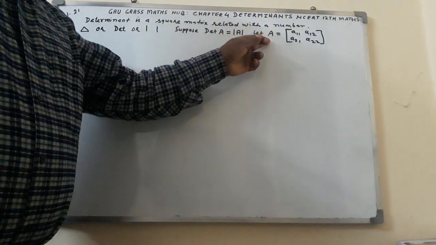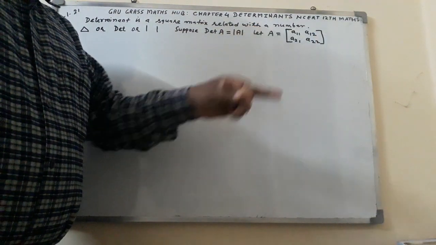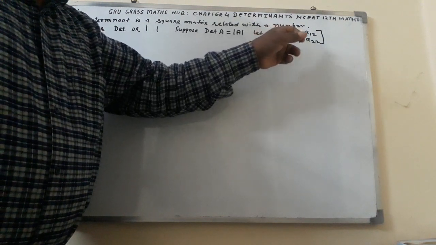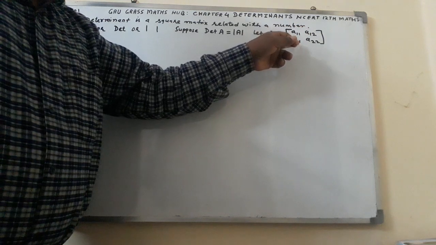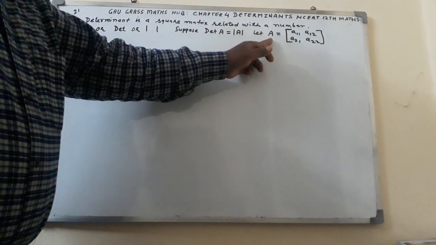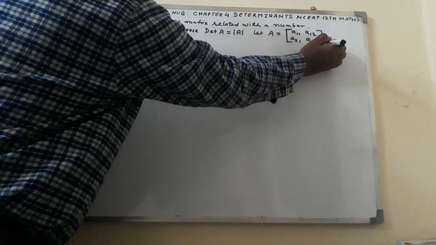The matrix A, the elements of first row A11, A12, and of second row A21, A22. This matrix is of order 2 cross 2.